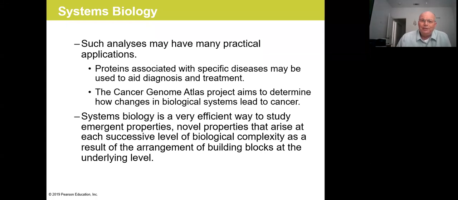Much better to identify the mutations that have caused the cancer and then pick the drugs that target those particular sets of mutations, because they're likely to have the greatest effect. So this is where the origin of personalized medicine is emerging from, out of this systems biology approach.